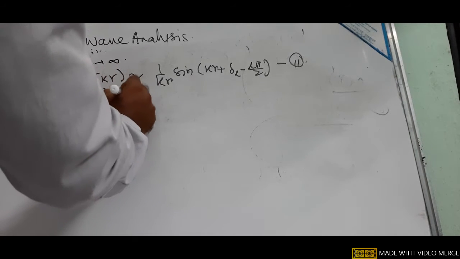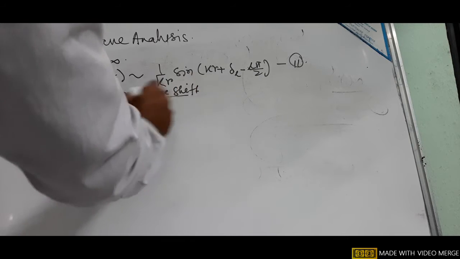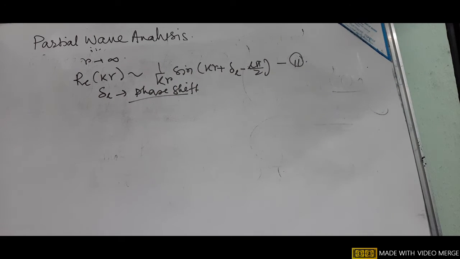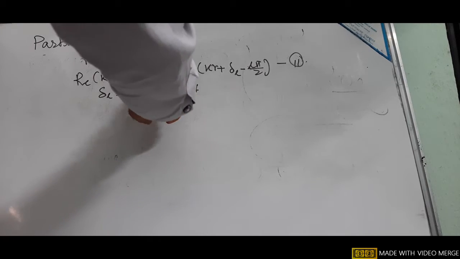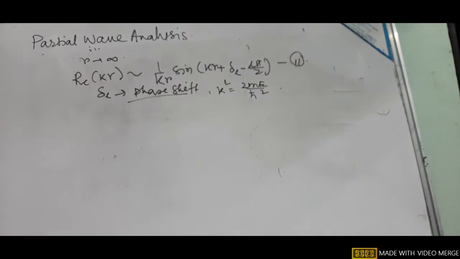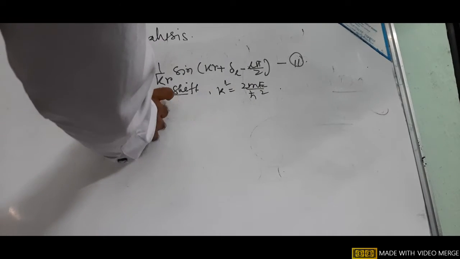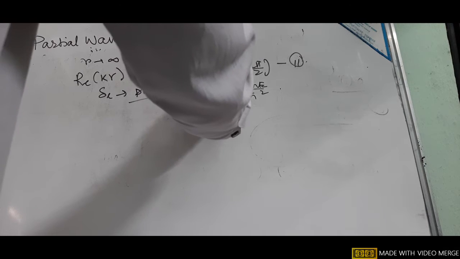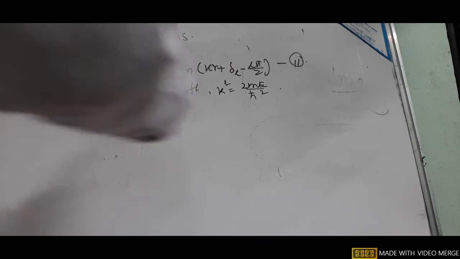So delta_L is the phase shift of the function, and delta_L depends on the energy, and k square equal to 2mE by h square. So this is the asymptotic phase shift of the function delta_L, and k is directly related to the energy of the incident particle.